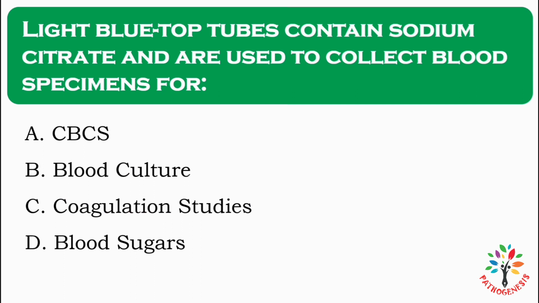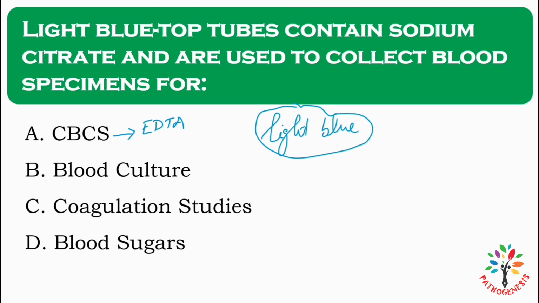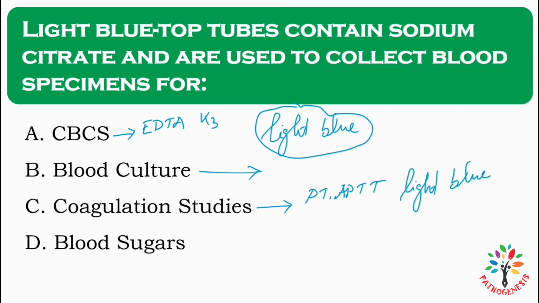Next question. Light blue top tubes contain sodium citrate and are used to collect blood specimens for what? For CBC we use EDTA, K3 or K2 EDTA. For coagulation studies like PT, APTT and coagulation factor assays we use the light blue vacutainer, which contains sodium citrate.